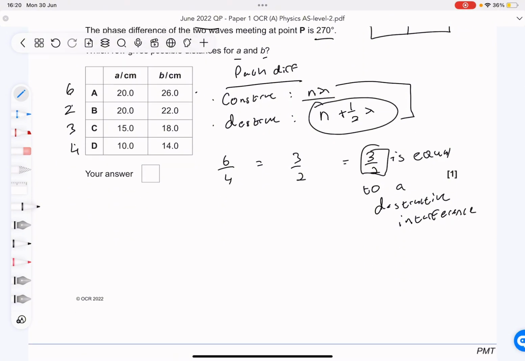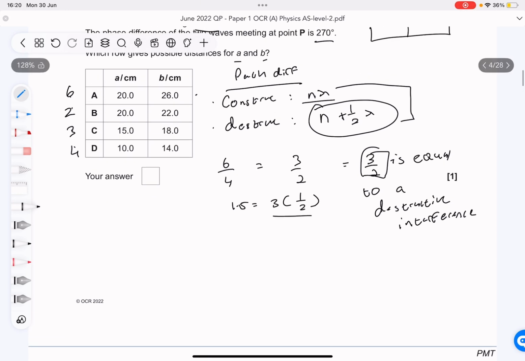You know, 1.5 is 3 lots of a half, you can think of it like that. So that's wrong.